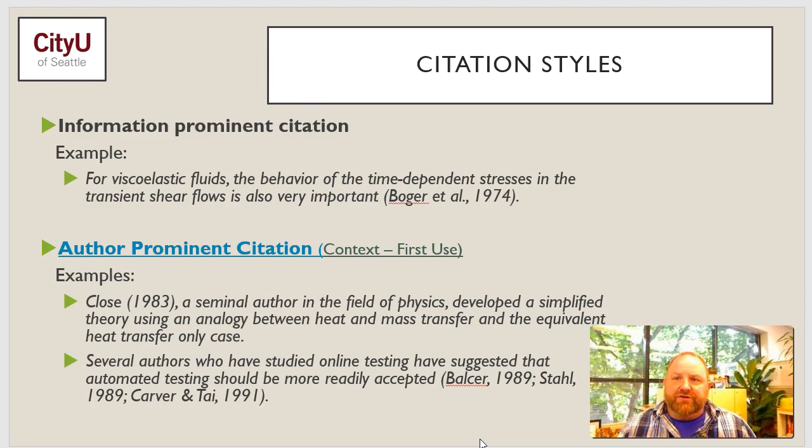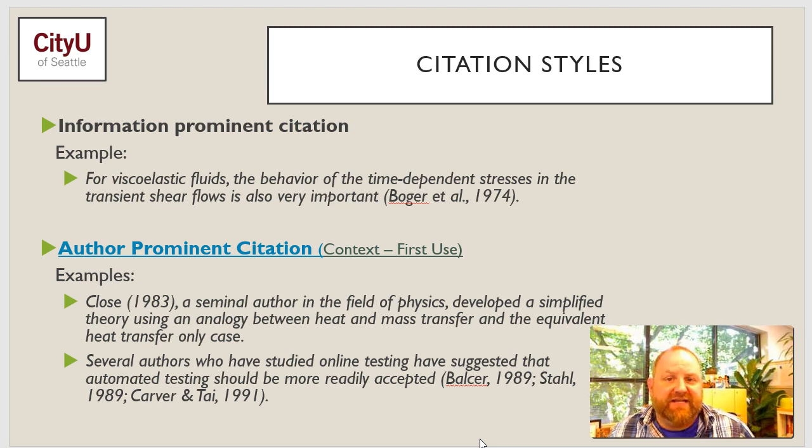Now, here's two different types of citations. You have the information prominent citation, and you have the author prominent citation. In order to provide context the way we want context provided at CityU, you need to use author prominent citations. You want to provide the context.